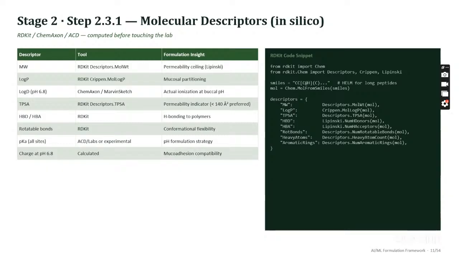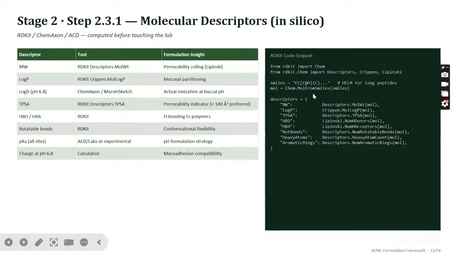So these things, we should use the code snippet, source RDKit. So this is the code. See, this is the code snippet. From RDKit, import Chem. From rdkit.Chem, import Descriptors, Crippen, Lipinski, SMILES. See, this is the SMILES, this is the compound. This is the compound name, for long peptides.